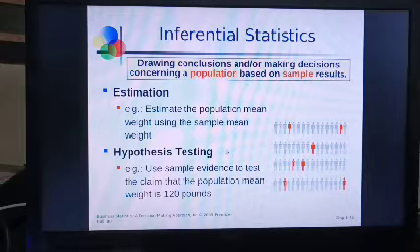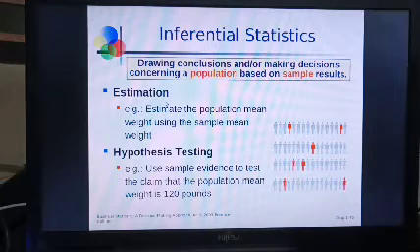Remember the inferential statistics we talked about earlier: drawing conclusions and/or making decisions concerning a population based on sample results, and how they are used to estimate and to test hypotheses. There's an example here.